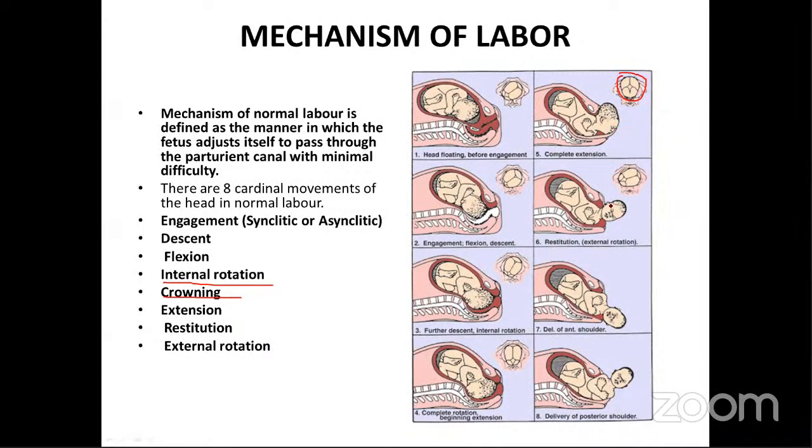So after the crowning, the next step is extension. Remember, the baby is always in a flexed position until it is almost crowning, and internal rotation has completed. Once the internal rotation is completed, the baby is almost on the pelvic floor, crowning occurs, and there occurs the extension.